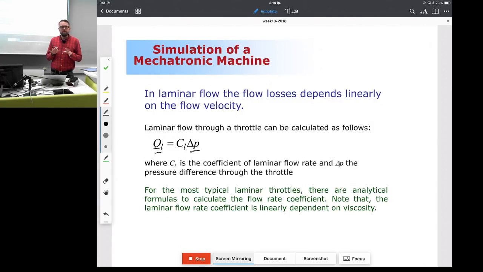The coefficient that connects these two components depends on your geometry. I strongly recommend taking a look at the pre-calculated tables. There are a number of different pre-calculated tables available, and using these tables you can define C_L, the coefficient associated with laminar flow.